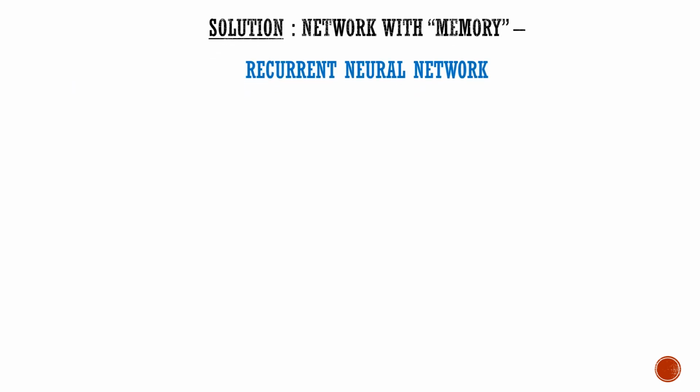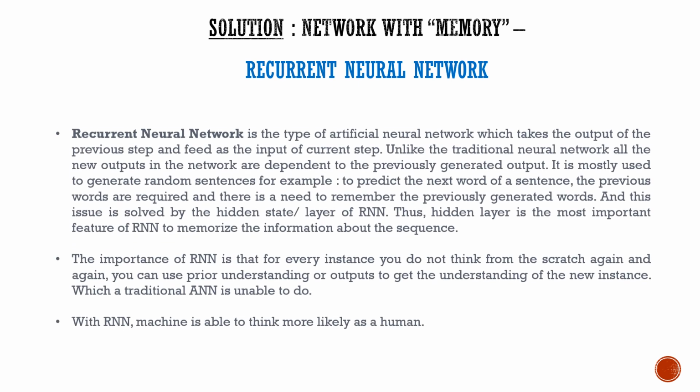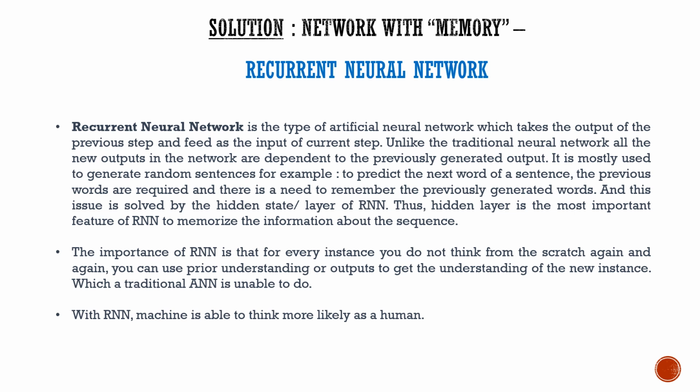The above issues can be tackled by a network with memory, that is the recurrent neural network. A recurrent neural network is also a type of artificial neural network, which takes the output of the previous step and feeds it as the input of the current step. Unlike the traditional neural network, all the new outputs in the network are dependent on the previously generated output.